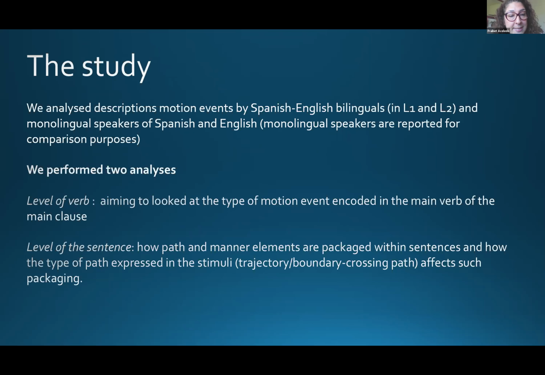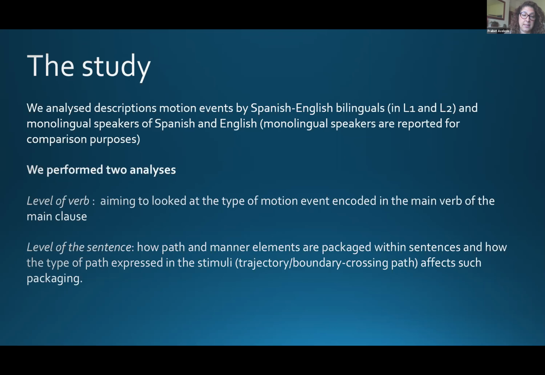And we present here two different analyses. One analysis has been done at the level of the verb, aiming to look at the type of motion event encoded in the main verb of the main clause, and another one at the level of the sentence that tries to look at how path and manner elements are packaged within the sentence and how the type of path expressed in the stimuli, because we use trajectory and boundary crossing events in the stimuli, affects this packaging.